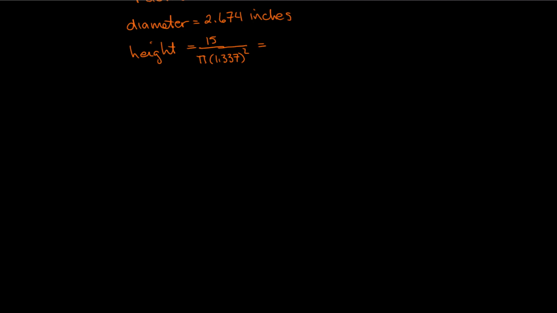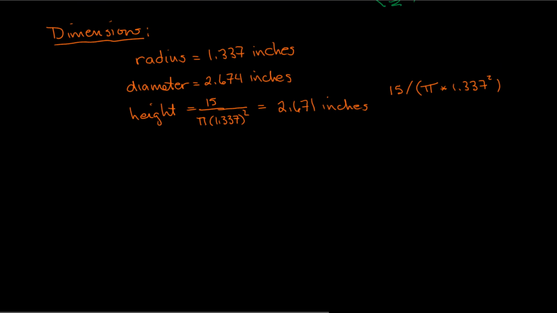So what I actually entered is 15 divided by, and the calculator does have a key for pi. It's directly underneath the clear key. And I'm going to do times 1.337 squared. When I do that, I get a value of 2.671 inches.